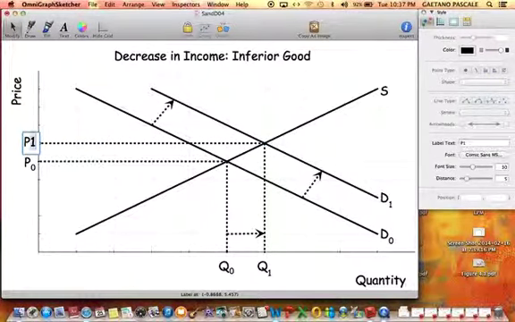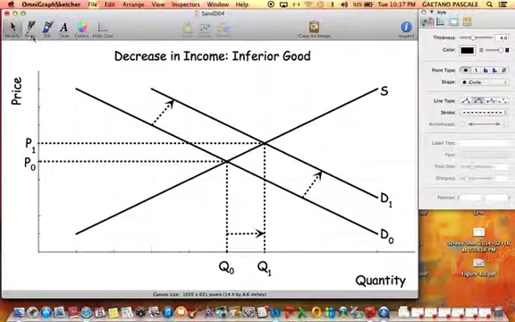So we will label that as P1 so we can distinguish it between the original demand curve and the new demand curve. So that's P1, and we can draw in an arrow to clearly illustrate the fact that this caused the equilibrium price to increase.